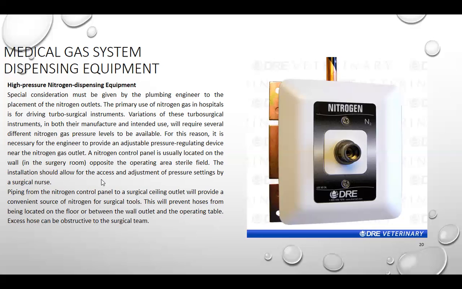Kahit hindi kayo doktor, hindi kayo nag-medical, makakabasa doon yung mga equipment. So piping from the nitrogen control panel to a surgical ceiling outlet will provide a convenient source of nitrogen for surgical tools. This will prevent hoses from being located on the floor or between the wall outlet and the operating table. Excess hose can be obstructive to the surgical team.